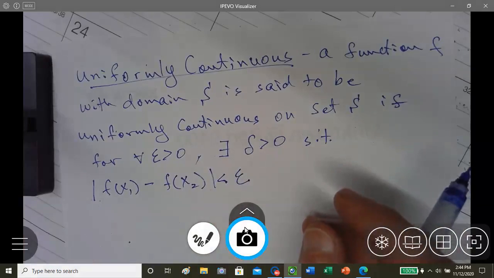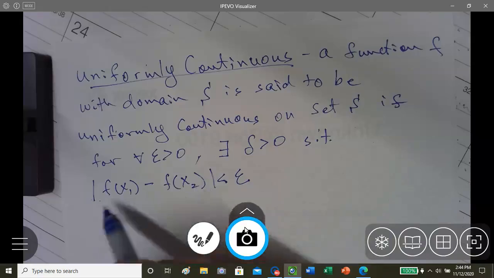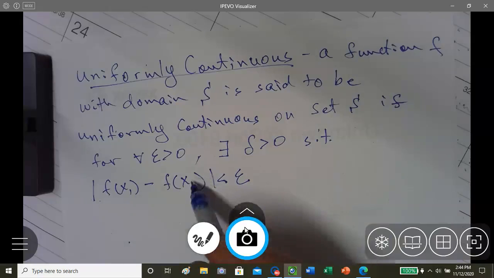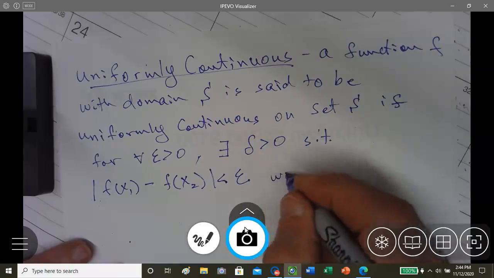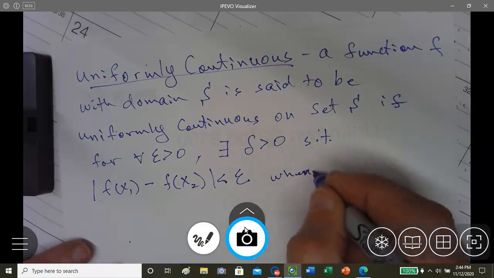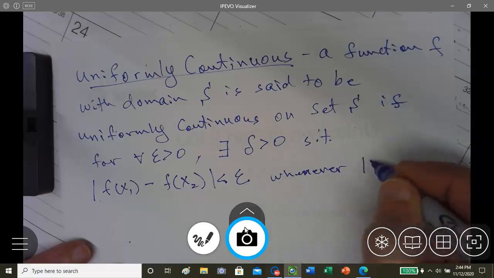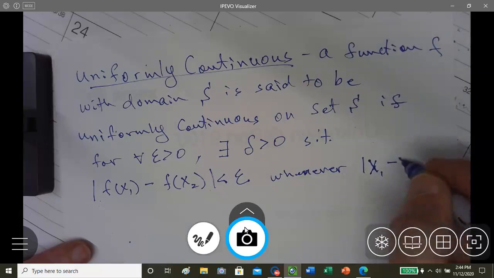Now before, on the other one, we used f of x and f of a. So f of x1, f of x2, f of x, f of a, it's basically the same thing, whenever we have the difference x1 minus x2 less than delta.